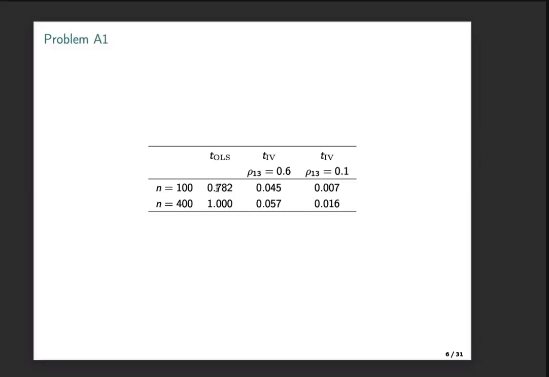Coming back to this question, the interesting thing for you to learn here is that we have rejection frequencies, and how we interpret them is a function of what we're interested in. If we see this as a test for beta 1, then this is the size, and it's a terrible size.